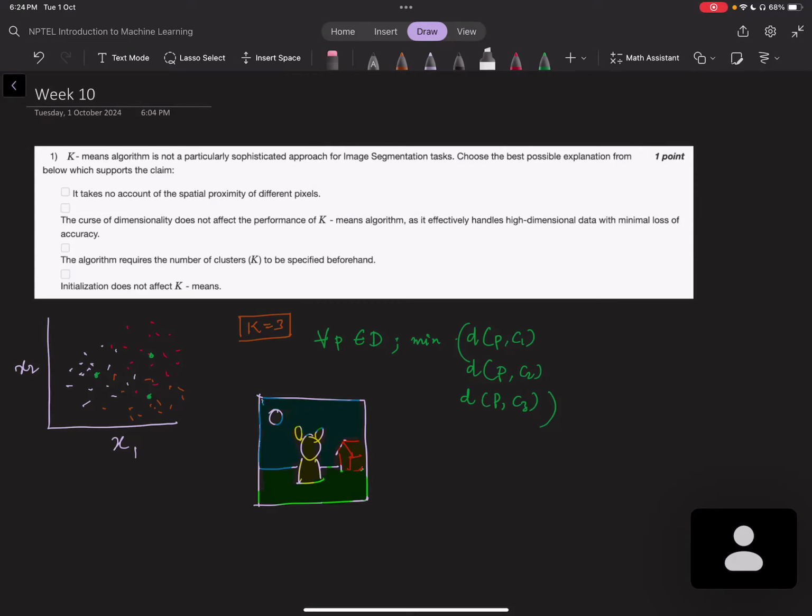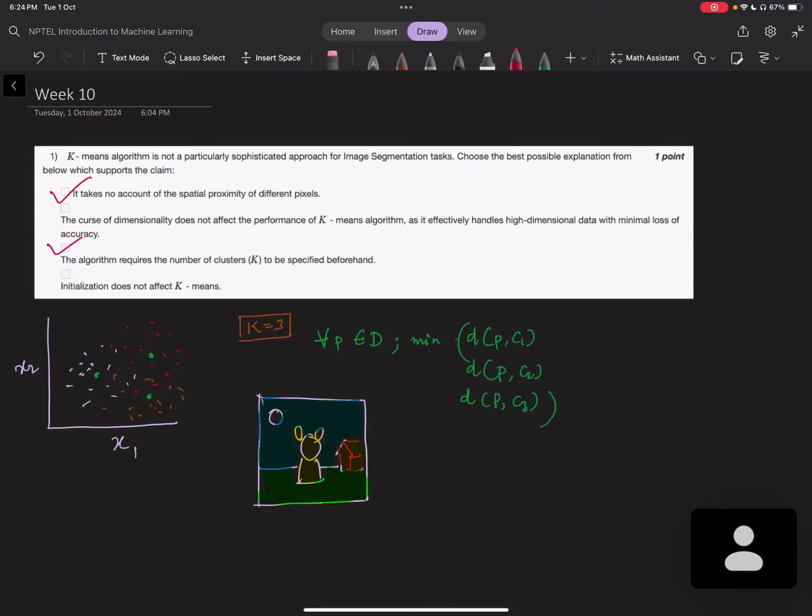Third is that the algorithm requires the number of clusters to be specified beforehand, and fourth is initialization does not affect k-means. The correct answer is A and C.